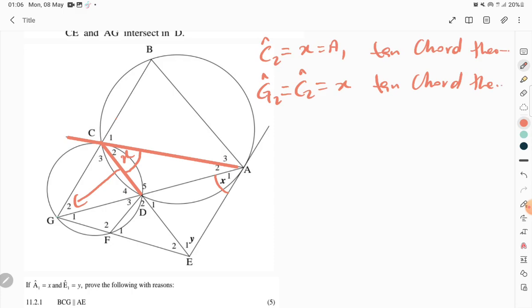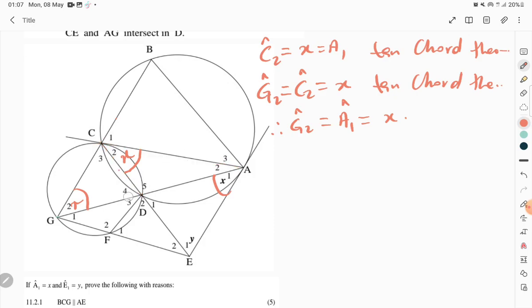Therefore, we can see that G2 is equal to A1. They are both equal to x, because we wanted to prove that this is also equal to x if this is x. If these alternate angles are equal, then these lines are parallel to each other.